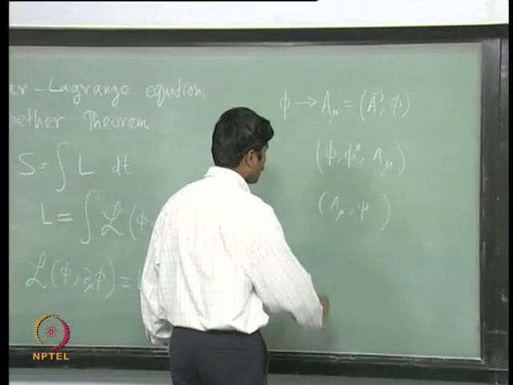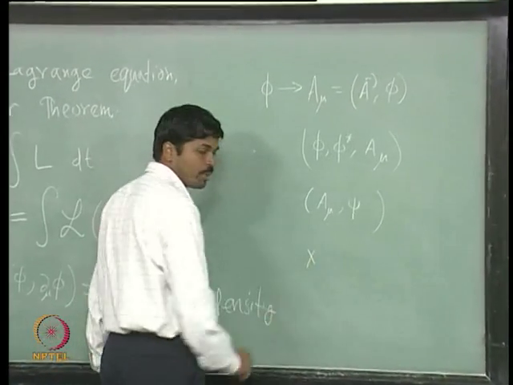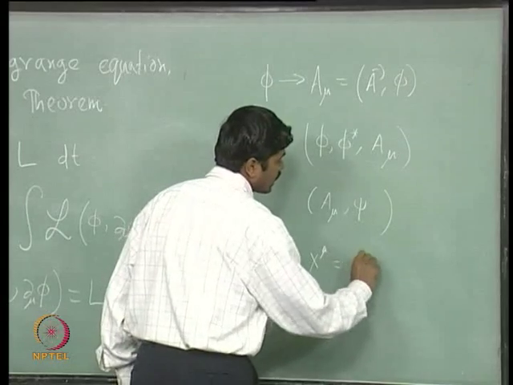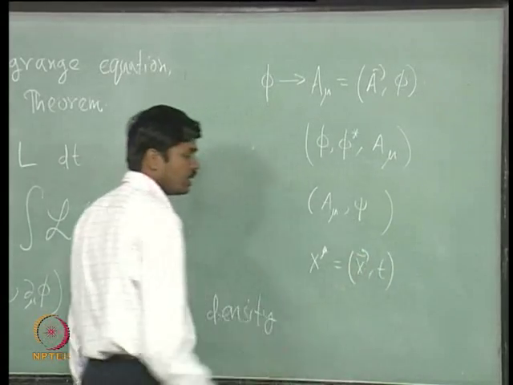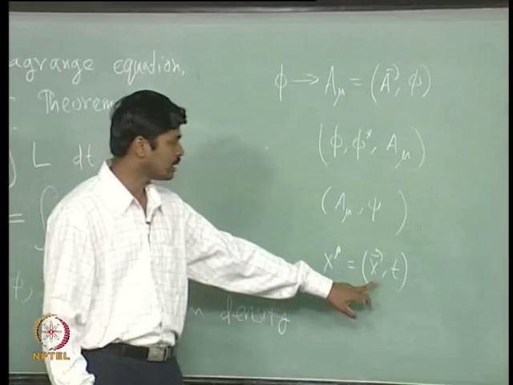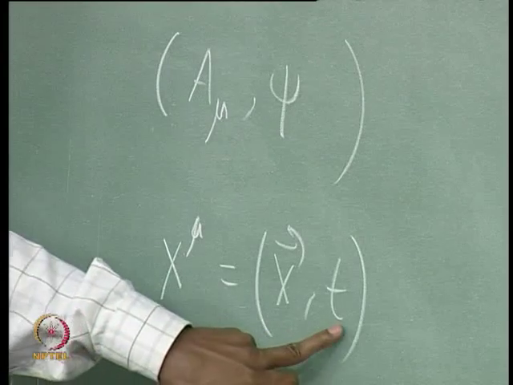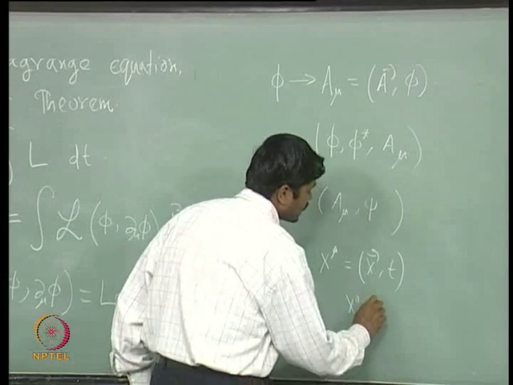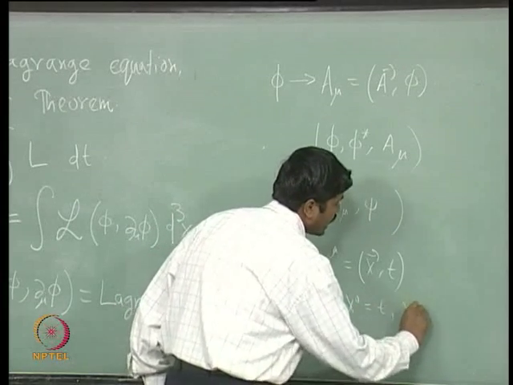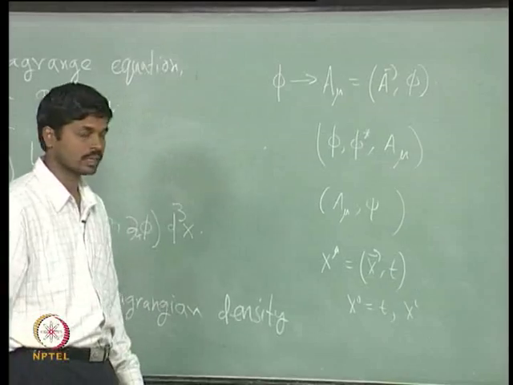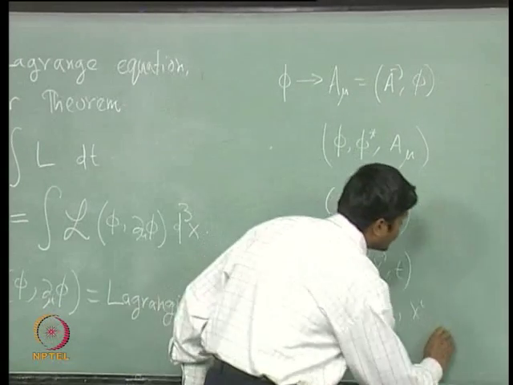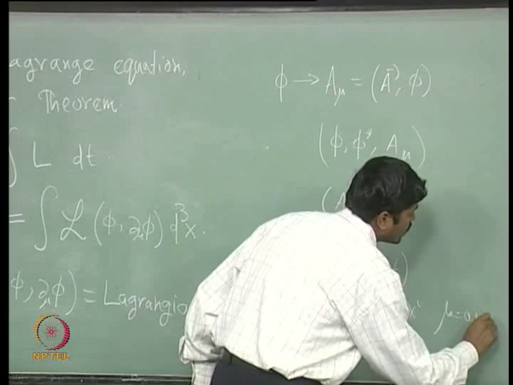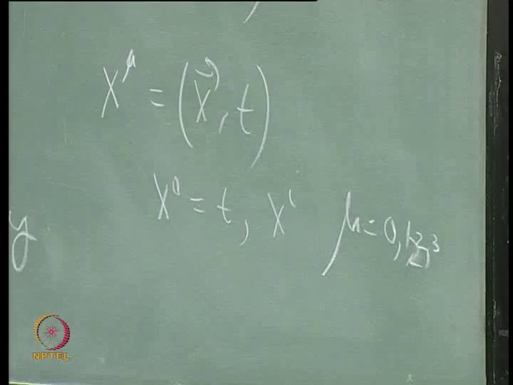The spacetime coordinates I take to be x mu, which is x and t, where x denotes the spatial variables and t is the time. x 0 is represented as t and the x i's are the i components of this x. So, this index mu runs over 0, 1, 2, 3, 4 variables.